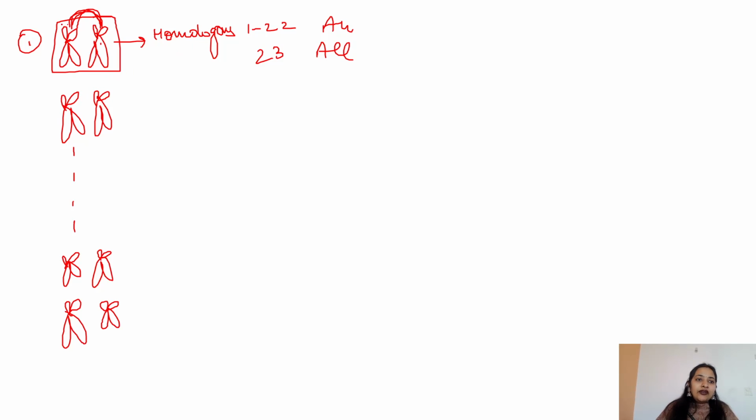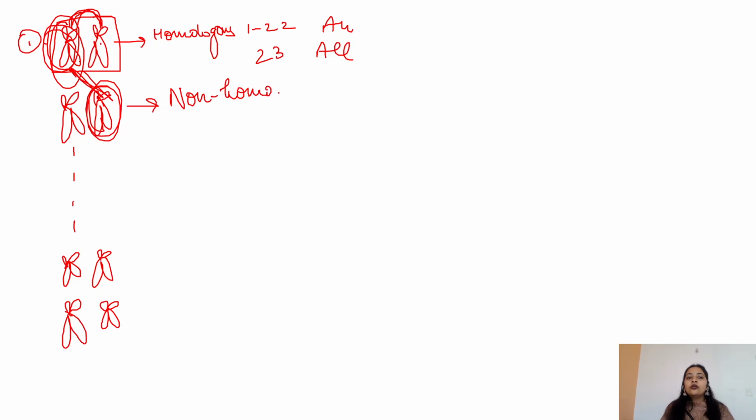But if we talk about this chromosome and this chromosome, they are not from one pair. One chromosome is from the first pair, the other is from the second pair. That's why they are known as non-homologous chromosomes, because these two chromosomes are from different pairs, right?